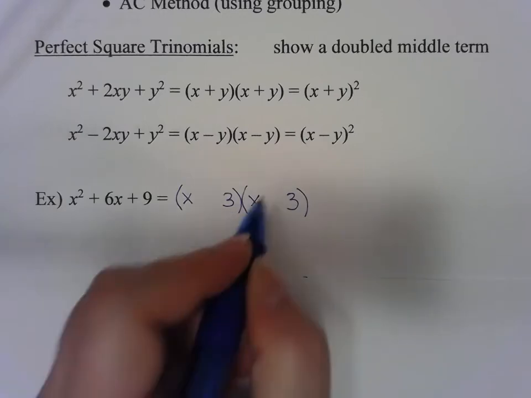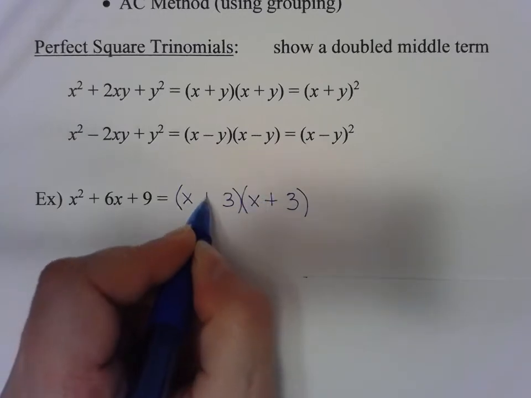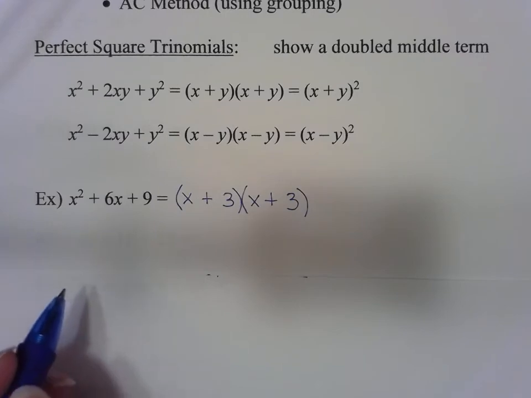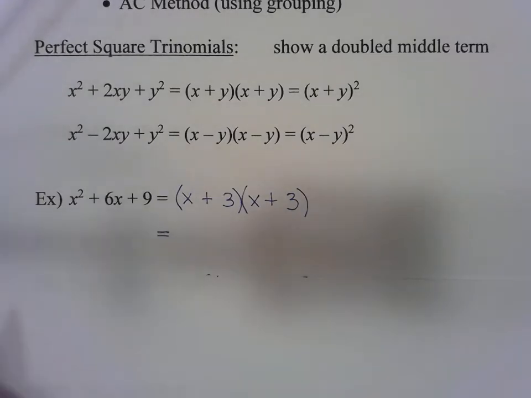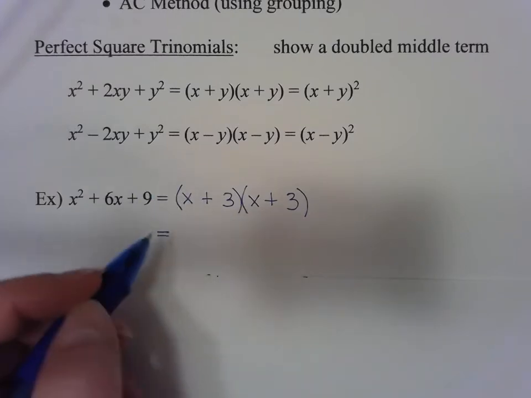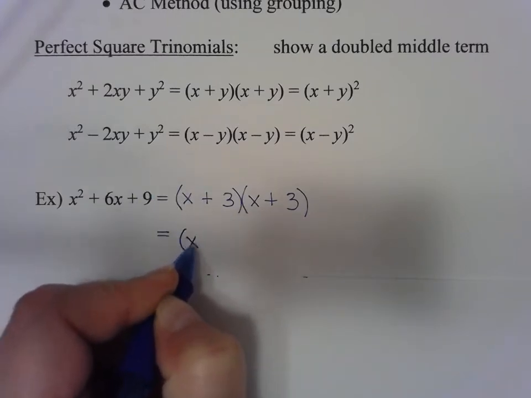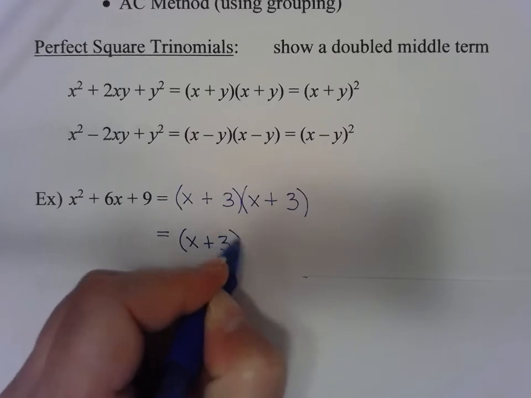Because it's a positive 6, I'm going to make both of these a plus. That's a great answer, just like that. Or, because they match, you could write it as x plus 3 squared.